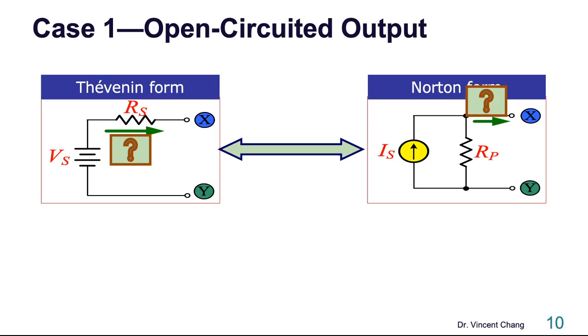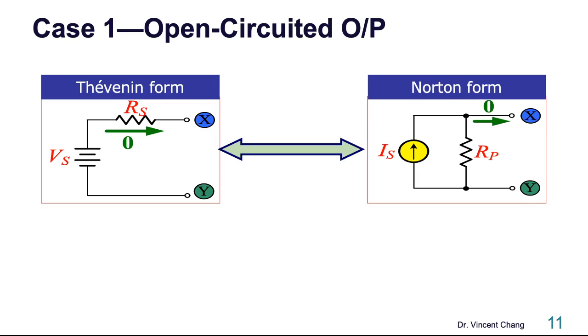So case one, open circuited output. When the output between X and Y is open circuit, then what's the green current on the left? Because it's open, there's no current, right? Same thing on the right, because it's open, there's no current. So the green current on both sides should be zero.